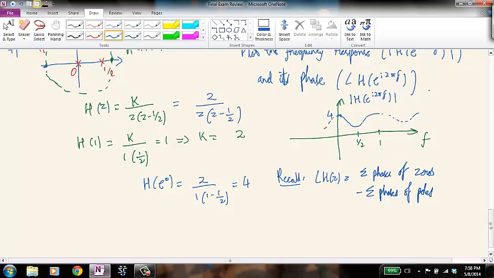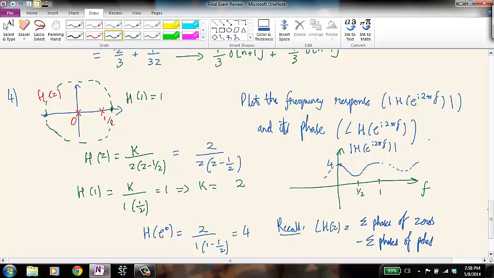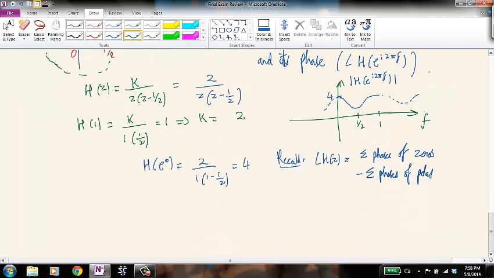And in this example, you don't have any zeros, so you just have two poles. So when you start off, when you're at 1, you're looking at these two vectors, right?